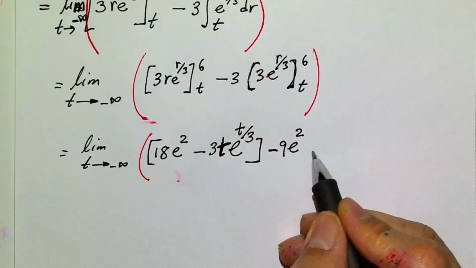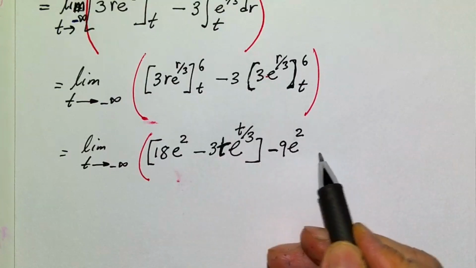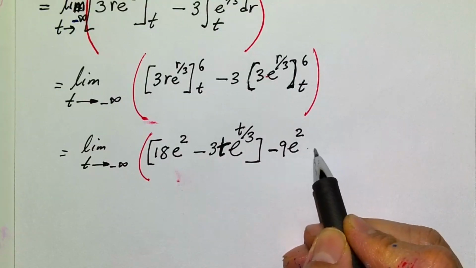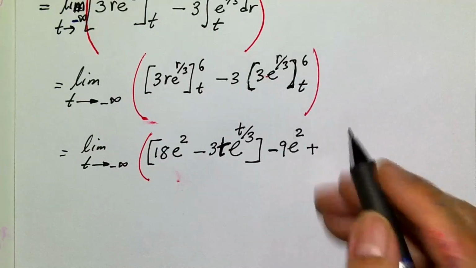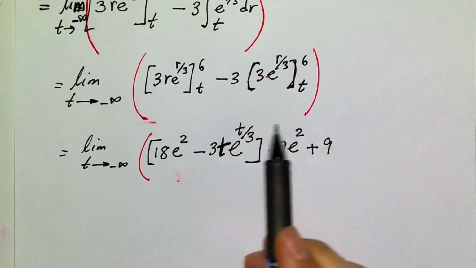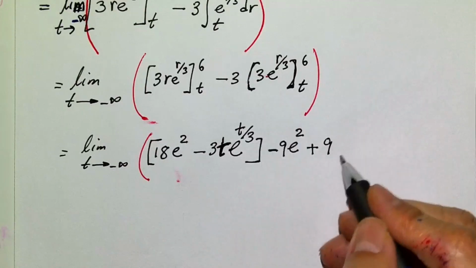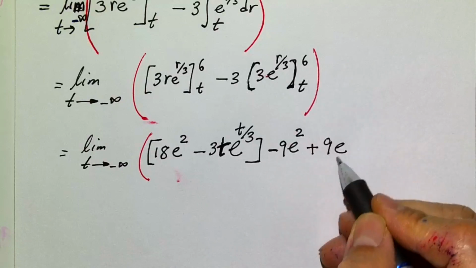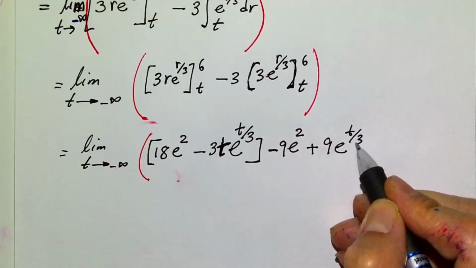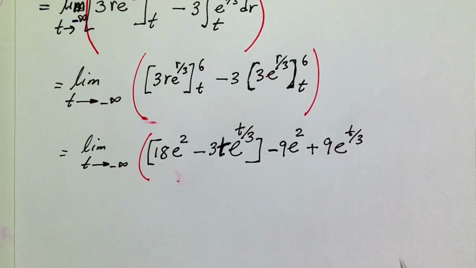And then minus, that we would have here, we would make this positive, 9 e to the t over 3, like that. Okay.